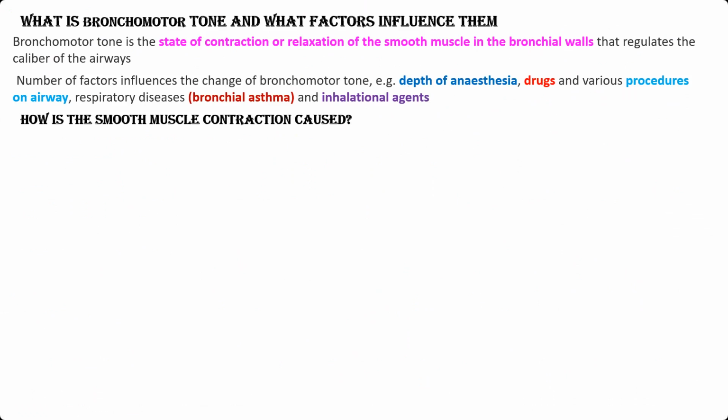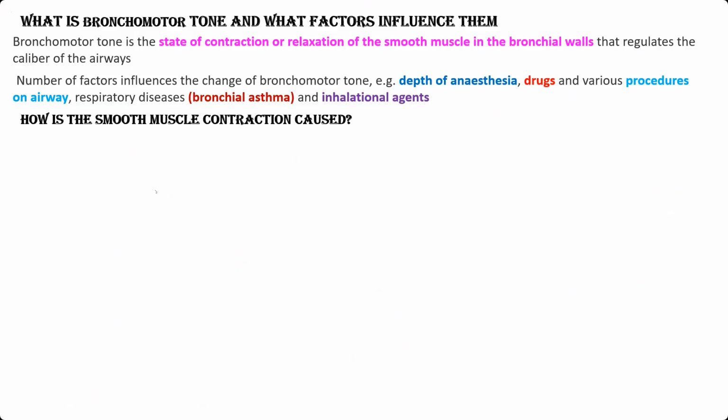As I told you when we saw the bronchopulmonary segments, the bronchioles do not have cartilage. They have smooth muscles and elastic fibers. So that is the location where bronchial constriction can happen, and that is produced by stimulation of the smooth muscle.